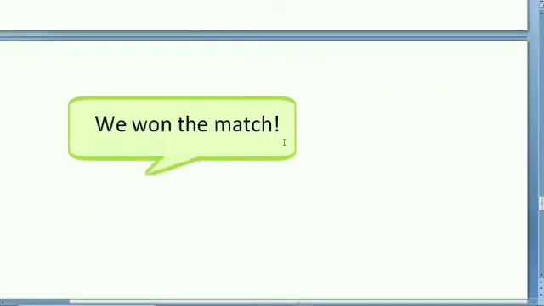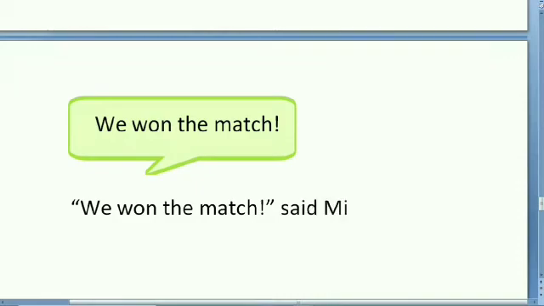"We won the match!" Exclamation mark. We know what to do. Speech marks. Capital letter. Exclamation mark. Speech marks again. Said Mike. Full stop. Good. Keep the exclamation mark. "We won the match!" said Mike.